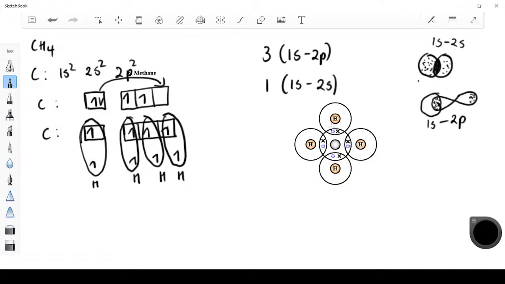But that's not how it occurs. So when you ignite CH4, you get carbon dioxide and water. There is no breaking of one bond more quickly than other three bonds. In fact, all four bonds have equal bond dissociation energy. That's the first problem.